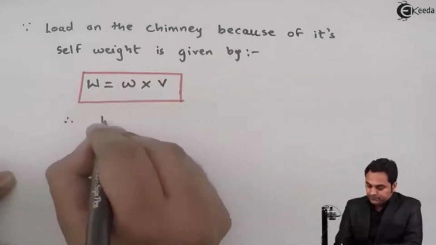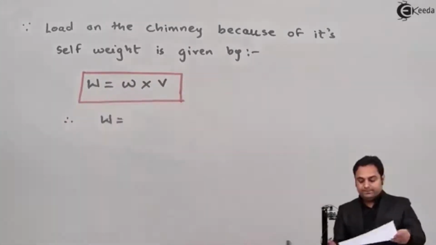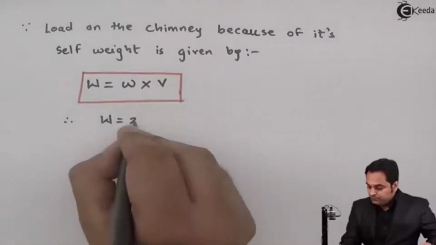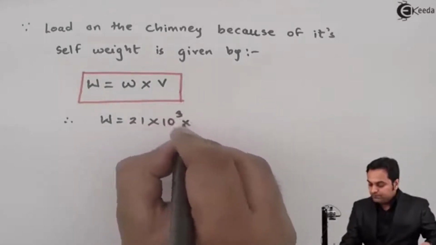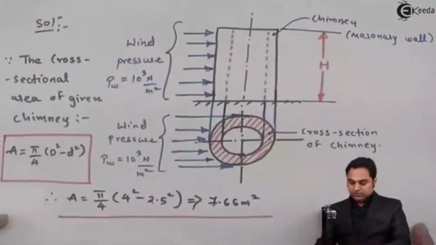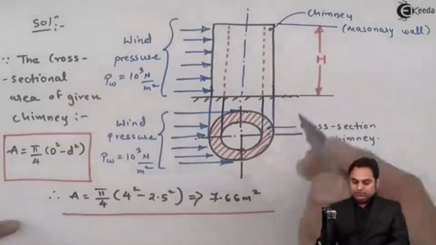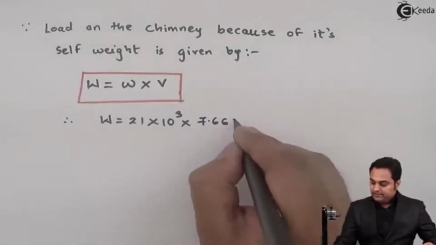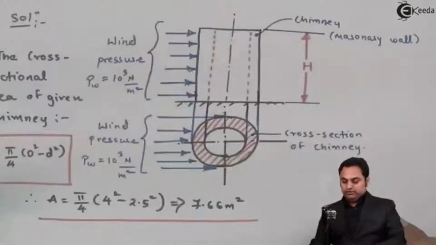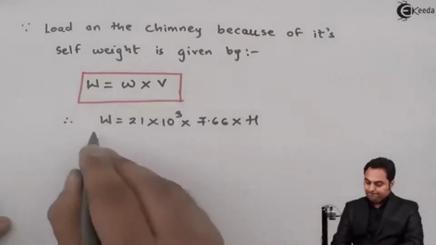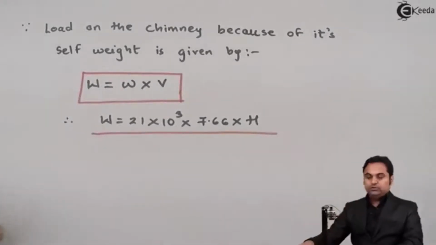So therefore capital W is equal to weight density, which is given as 21 into 10 raised to 3 Newton per meter cube. Volume is area into length, or here it will be area into height. So once we have the cross section, we'll multiply the height to get the volume. Area was 7.66. Height, I'll keep it as capital H because we don't have the value of this height. Now this term I'll keep it as it is because this is the total load acting.